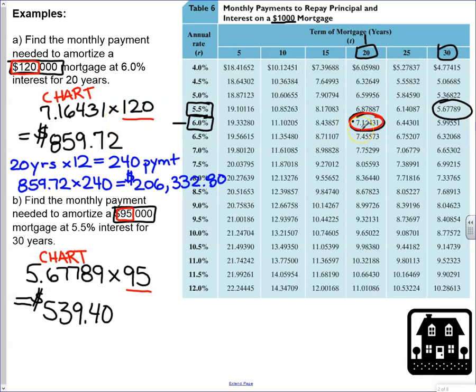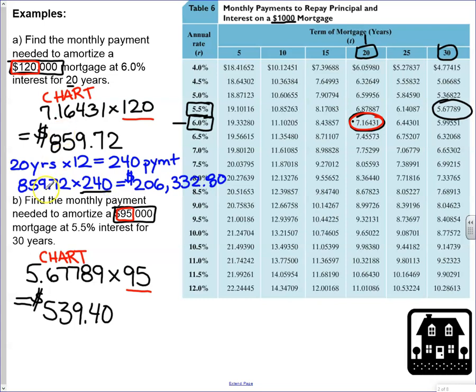But I didn't just borrow $1,000, right? I borrowed $120,000. So we're going to take that number and multiply by the number of thousands that we borrowed, which is 120. And so then I multiply that out and I get $859.72. All right, now if we wanted to know, how much do we end up paying for this house over time, then we're going to take that monthly payment and say we're paying this for 20 years, which is 240 payments.